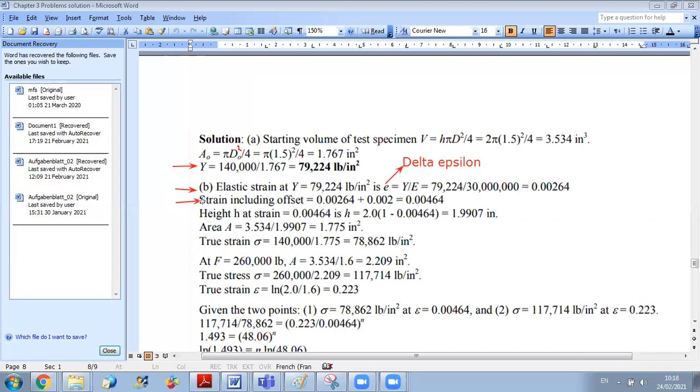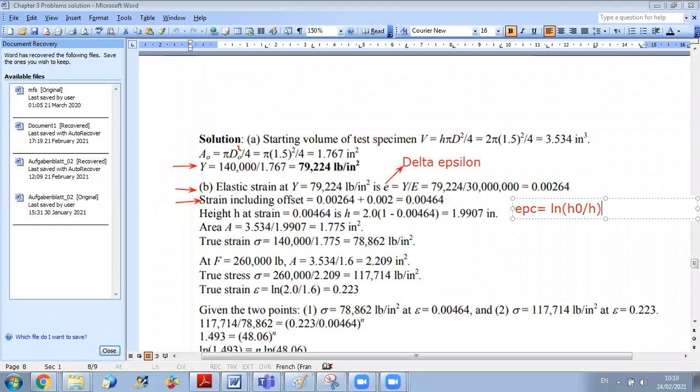And now we have two methods to calculate the true values. Either we use the previous formulas we have seen together, or we have another option. We can calculate using the initial formulas. You know that in compression, epsilon compression is ln of H0 over H. Pay attention here.